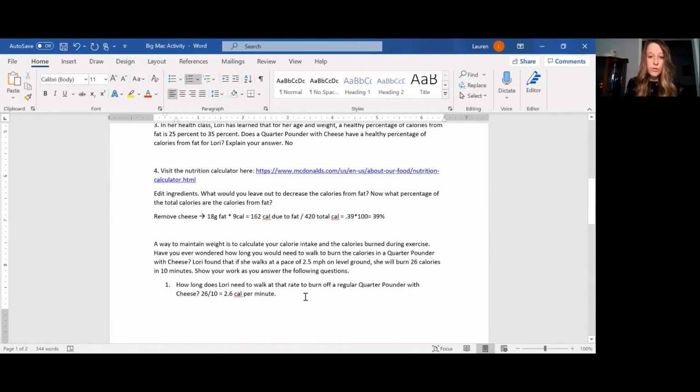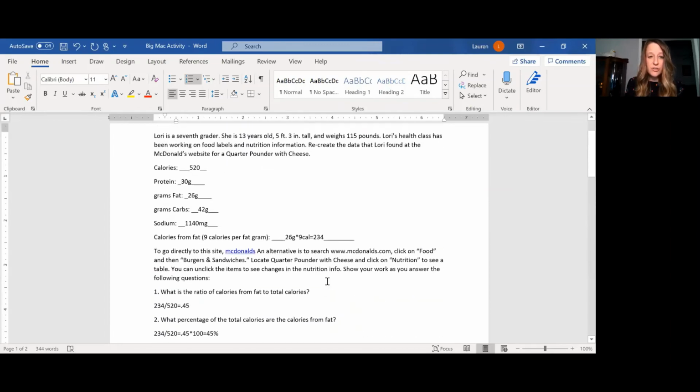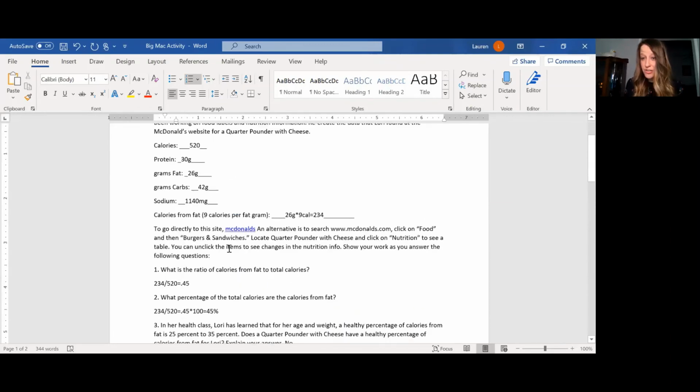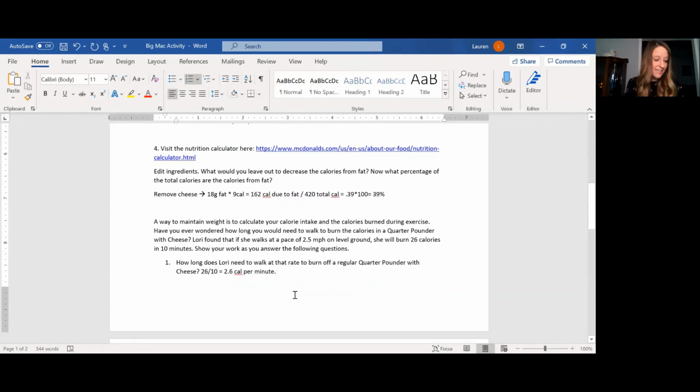All right, if she burns 2.6 calories per minute, then it's a pretty simple calculation for me to determine, well, how many minutes will it take her to burn 520 calories? So I have my 520 calories. We know that she burns 2.6 calories per minute.